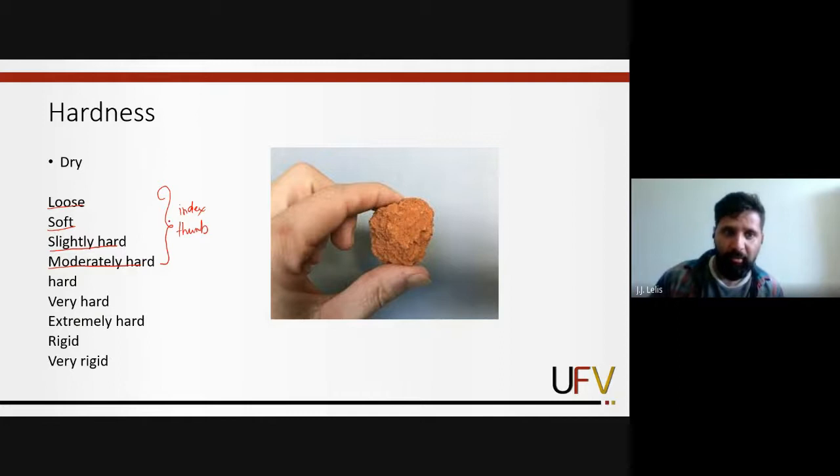Hardly can I break with my index and thumb. Okay, here, if I can't break using index and thumb fingers, I should use my two hands.